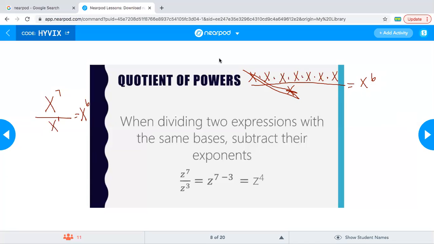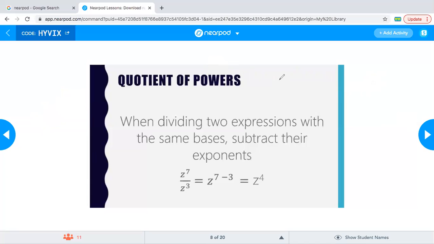No? So let's say I had a to the power of 3 over a. Well, that's 3 a's multiplied together on top. So a times a times a over 1 a on bottom. Well, if one's on top and bottom, I can cancel at least one of them out. So that will leave me with 2 a's on top. That's why it's a squared.